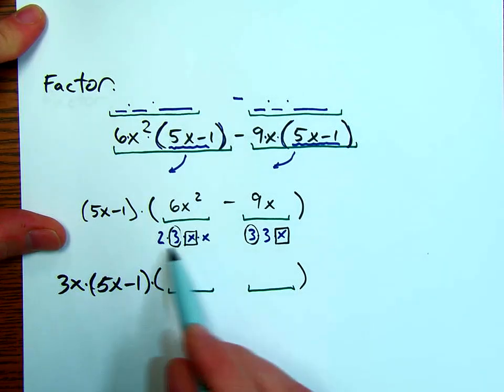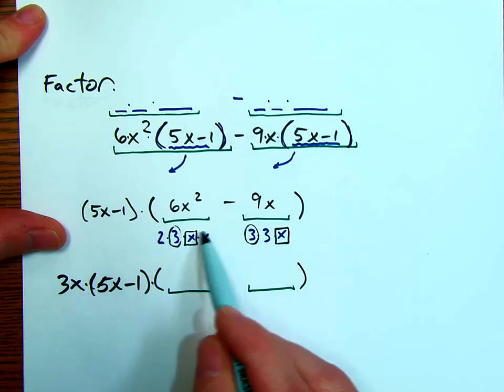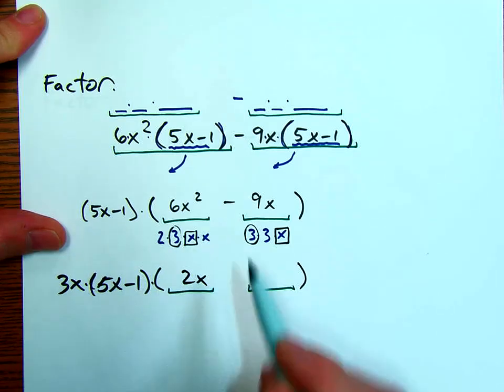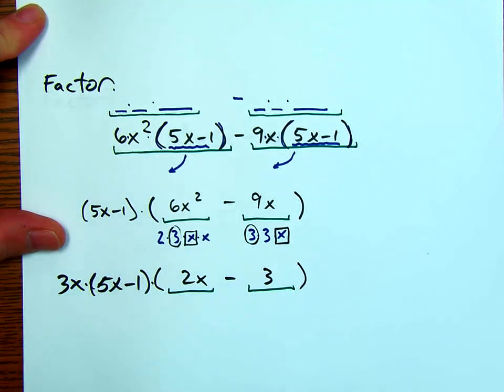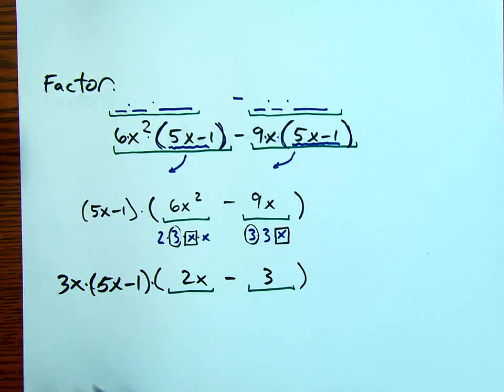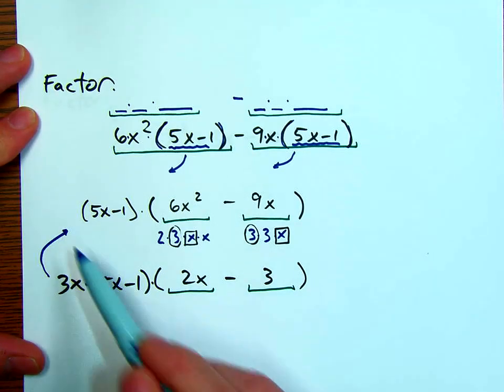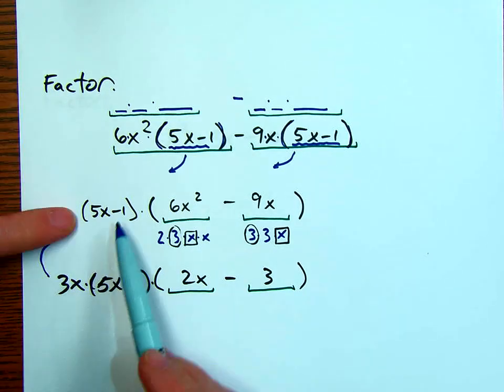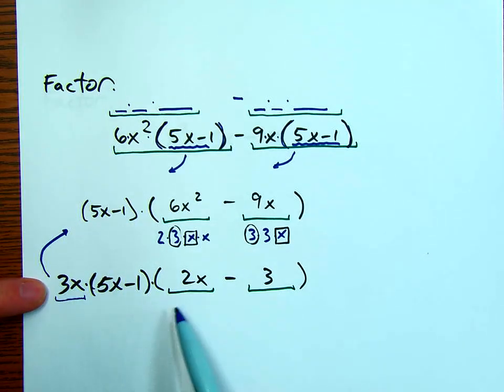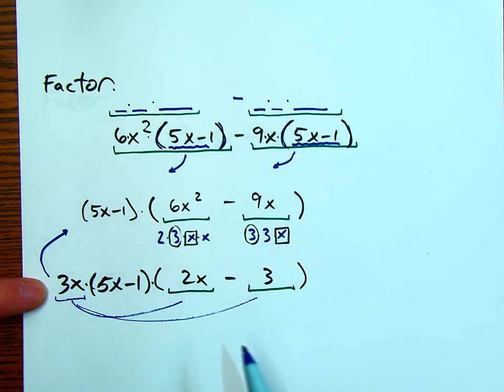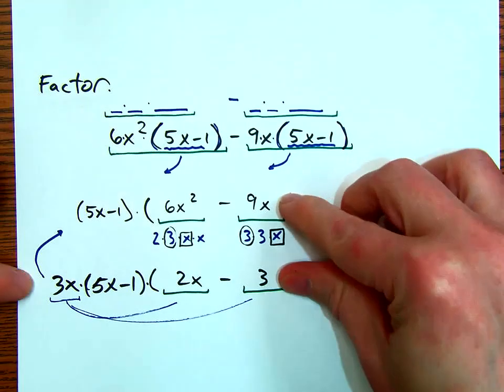And then we can see what's left in this first term. We got a 2 and an x left in this first term, minus, and we only have a 3 left in the second term. Now going back and checking, if I wanted to go from here back to here just to check, we already pulled this guy out, so I would just want to make sure I distribute this 3x to both of these terms, just to make sure I get the pieces that I pulled out.